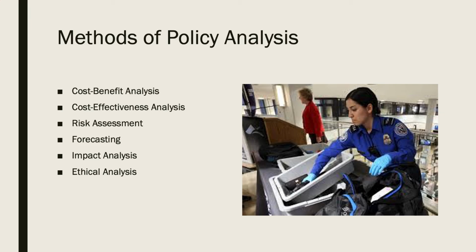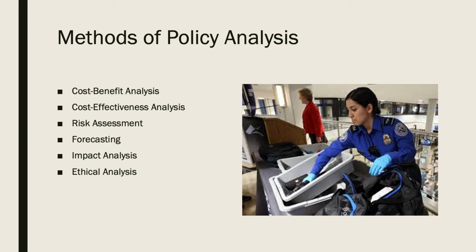Impact analysis is basically forecasting the impact that a policy might have. A lot of times, impact analysis, similar to forecasting, is about something like how many jobs are going to be created. If we build this pipeline, how many jobs will be created? If we pass this environmental policy, how many jobs will be either created or eliminated?